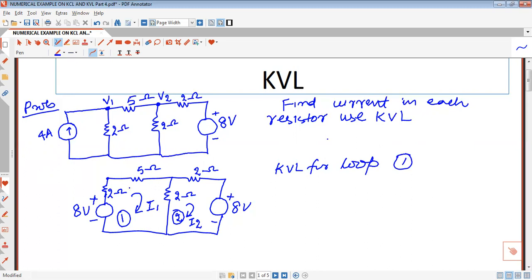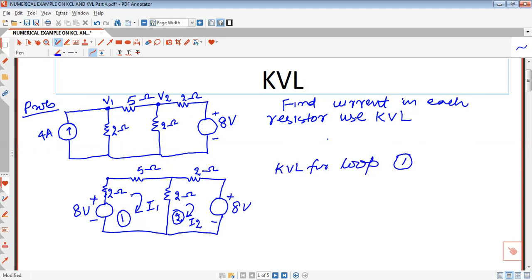Based on our assumption, this current is flowing in this loop, but this 2 ohm resistor is common for I1 as well as I2. So both I1 and I2 flow here, but for this other 2 ohm resistance only I2 is flowing, and I1 goes through the 2 ohm, 5 ohm and 2 ohm. So we can write Kirchhoff voltage law.